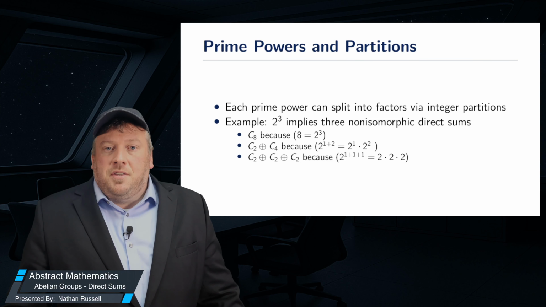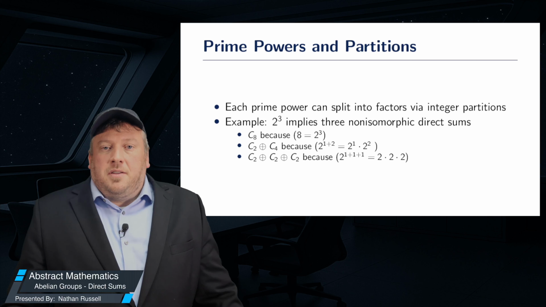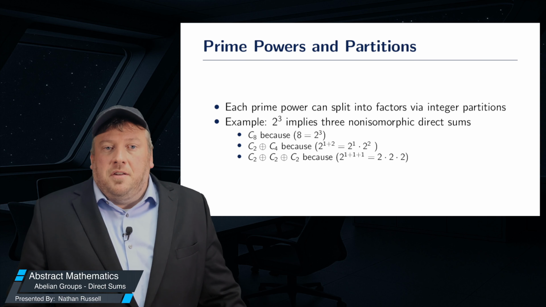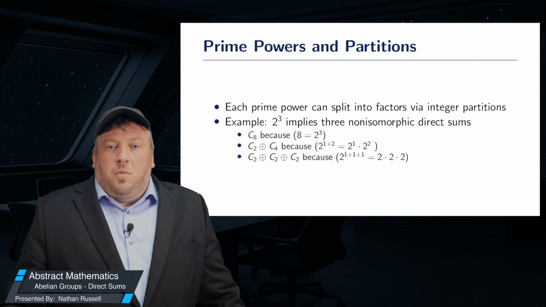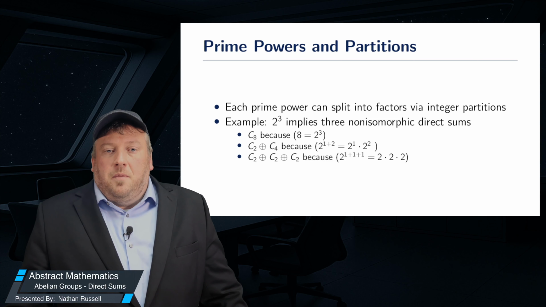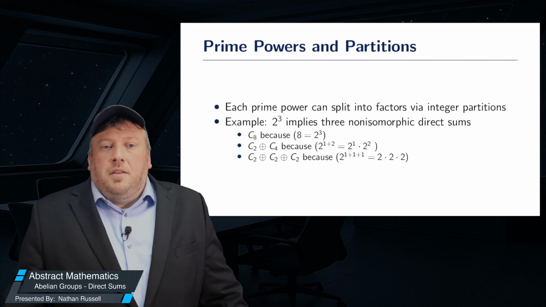It would be C8, or C2 direct sum C4, or C2 direct sum C2 direct sum C2, or what we might say, 3 copies of C2. Each of these represents 3 non-isomorphic direct sum decompositions of abelian groups of order 8. So there are only 3 groups that are abelian that have order 8.